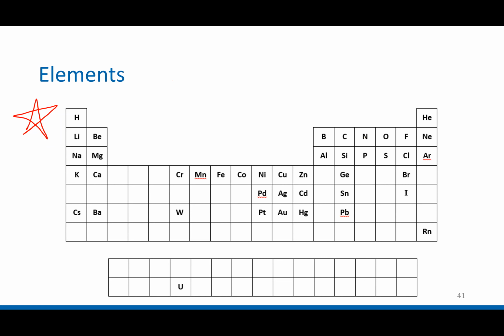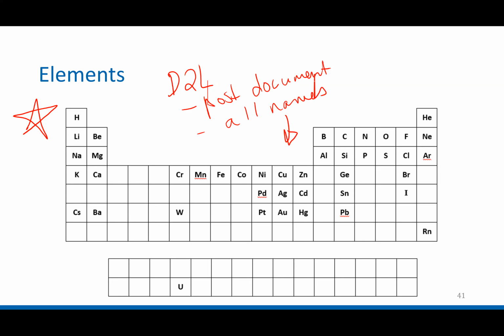So on D2L later today, I'm going to post a PDF, a document that has all of the names of these elements below. So this is a document you can use for your quizzes online, but you are expected to know the names of all of these elements that are in black right here.